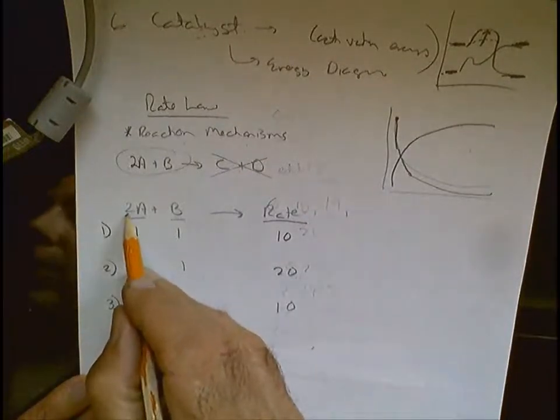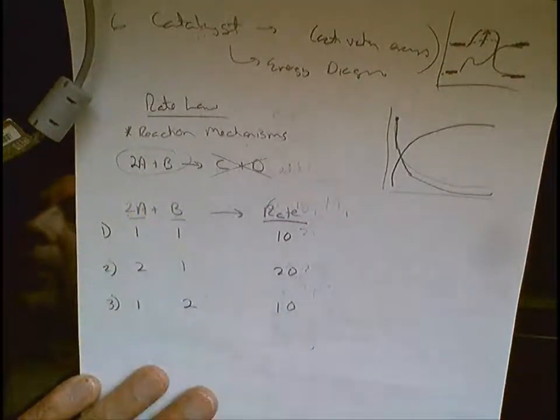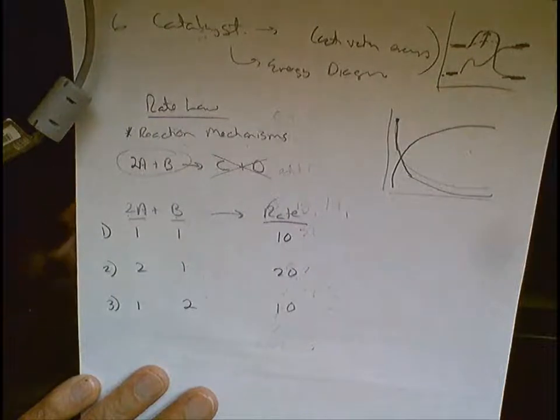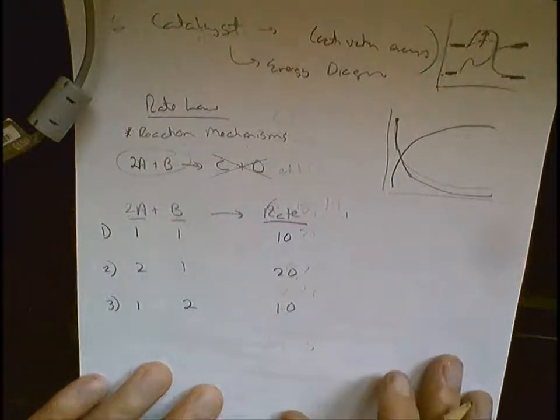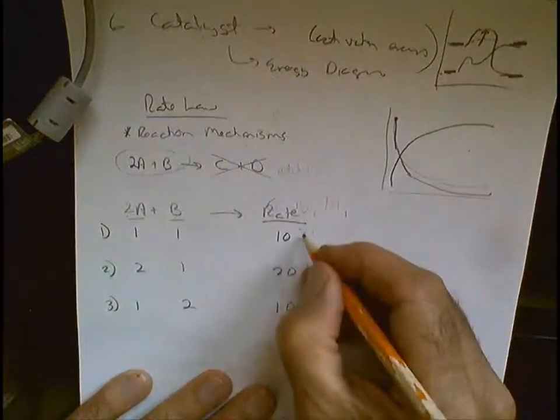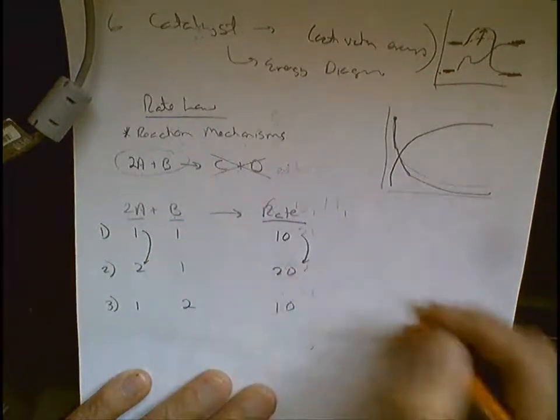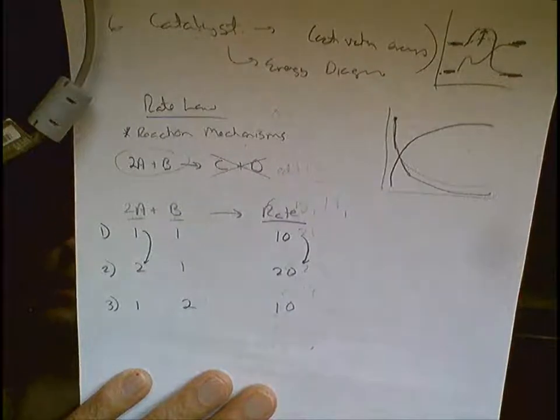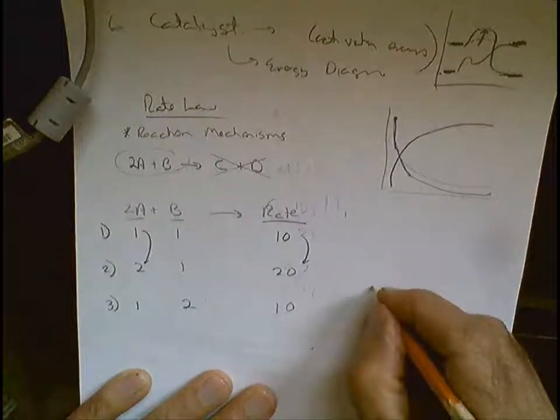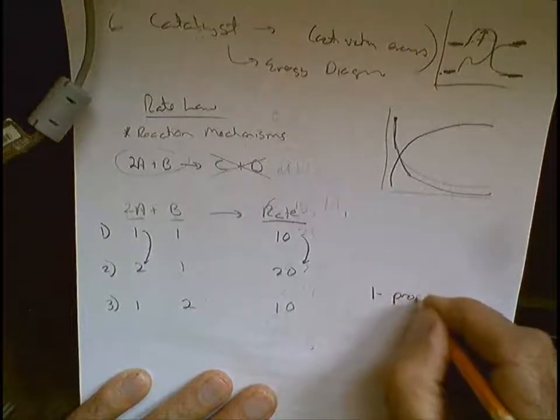By the way, the reason I put a 2 here, I put a coefficient in, is because these coefficients don't matter in this, and I just wanted to point that out. So, when we doubled A and kept B the same, the rate doubled. That's a 1. This is what we would expect. A 1 is proportional.